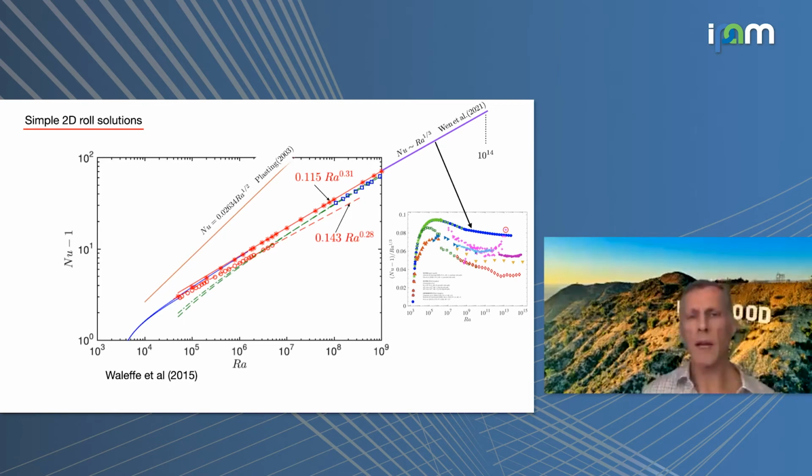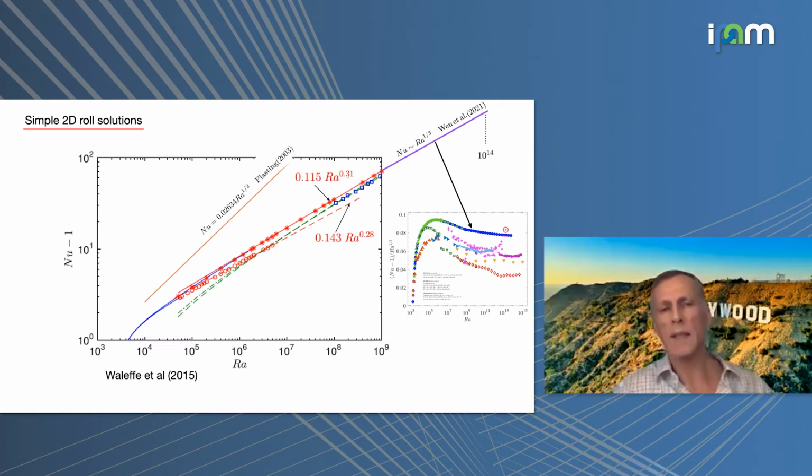And it turns out that the Nusselt number, if you don't optimize over the domain or the aspect ratio of the rolls, behaves like Rayleigh to the 0.28. Whereas if you optimize over the aspect ratio of the rolls, you can actually get Rayleigh to the 0.31.